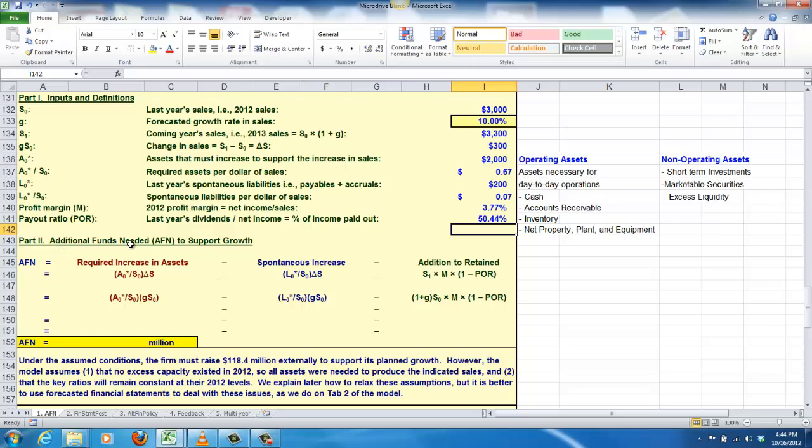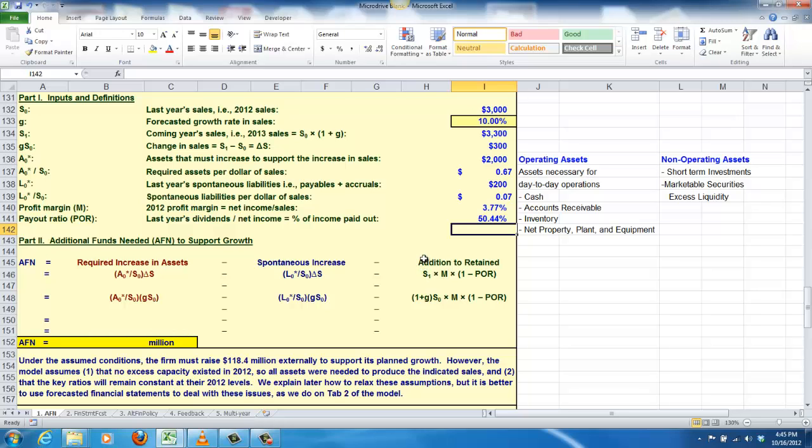Our AFN, or additional funds needed calculation, is calculated as the required increase in assets, so what we have to generate in order to support our increase in sales, minus our spontaneous increase in liabilities, and then subtracting out from that our addition to retained earnings.